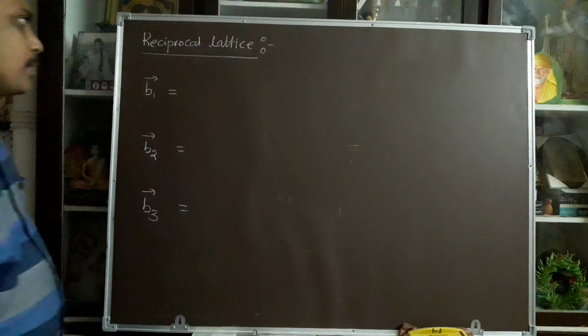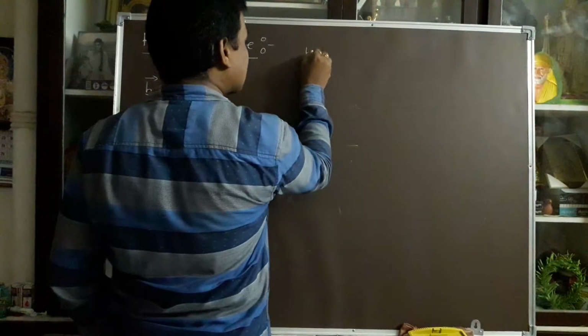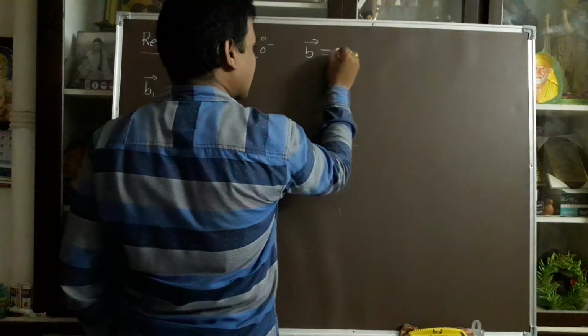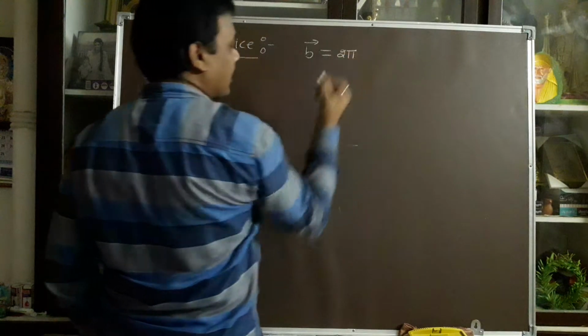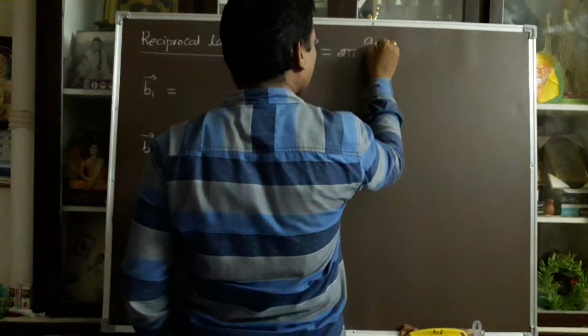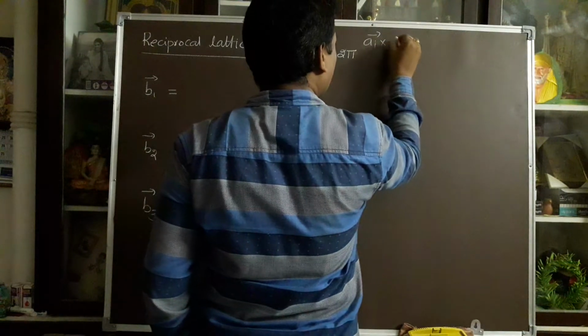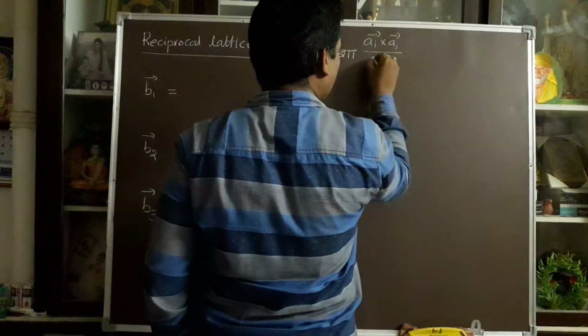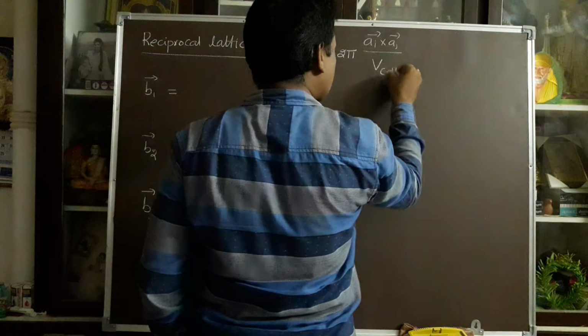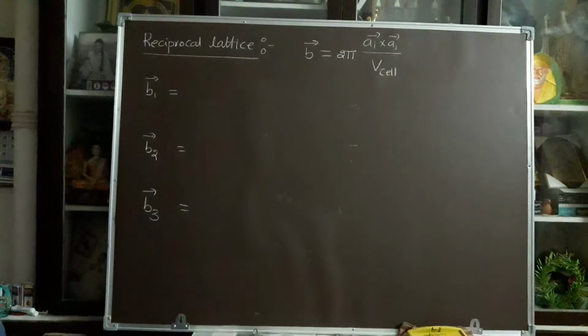The general primitive vector of the reciprocal lattice is written as B bar equals 2 pi into Ai cap cross Aj cap divided by the volume of the cell. This is the standard formula for the primitive vector.